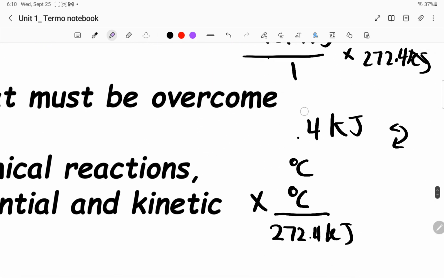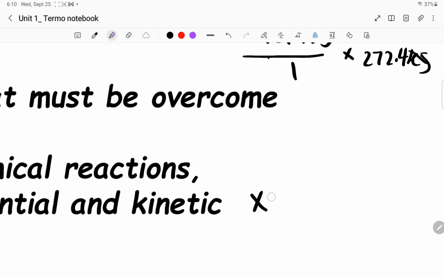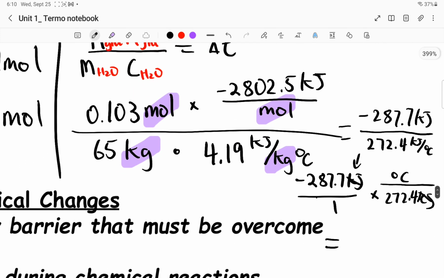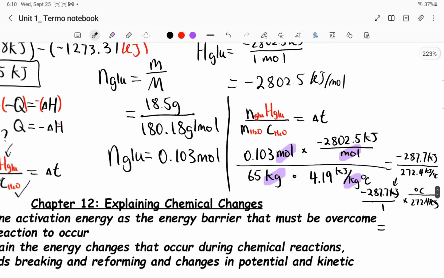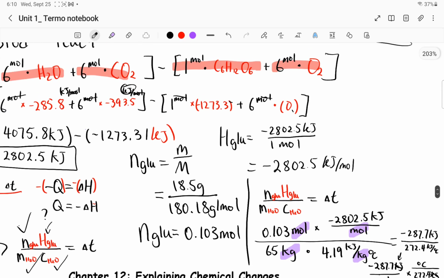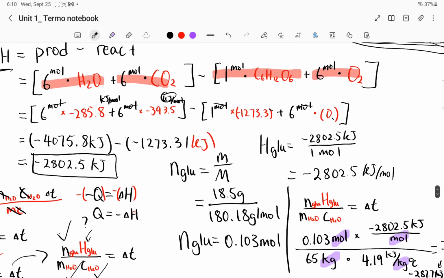I'm gonna erase this. So for my final step, all I gotta do is divide those two numbers. So that will finally get me to, oh wait, the answer is not supposed to be negative. Where did I mess up my negative?